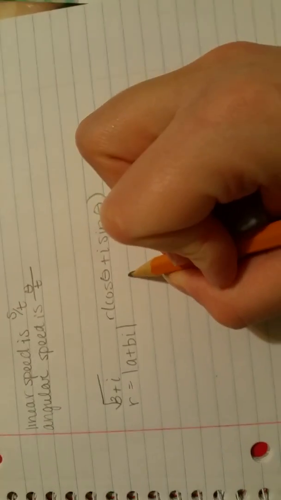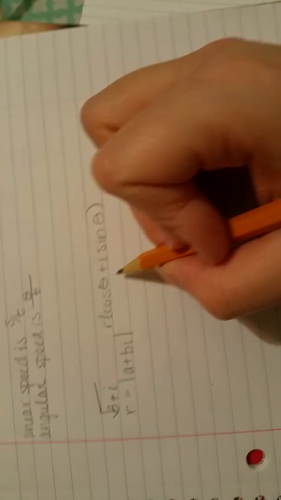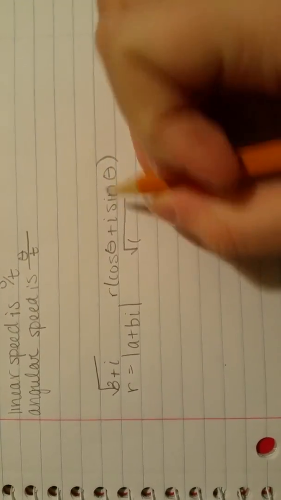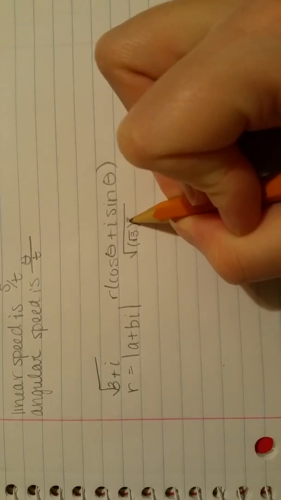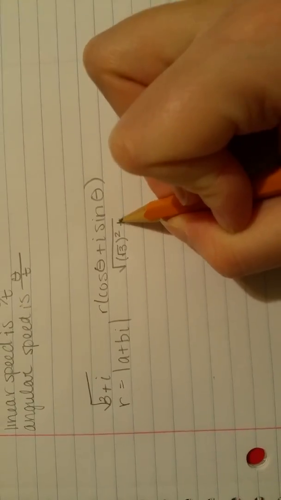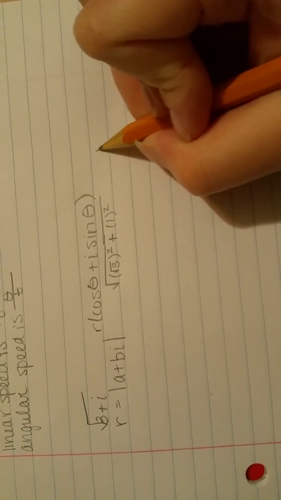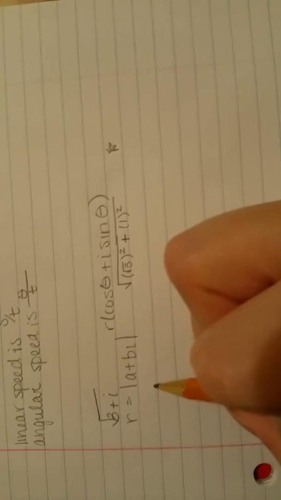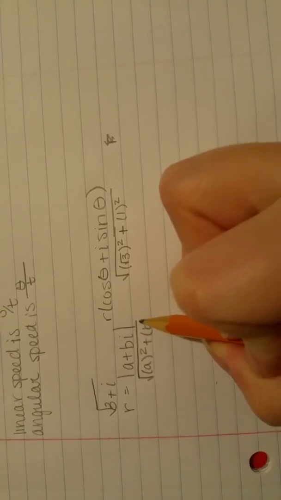But the way I remember it is, kind of like the magnitude of vectors, you just do the square root of the square root of 3 squared plus 1 squared. So essentially, to find r, instead of doing this weird whatever, you just do a squared plus b squared.